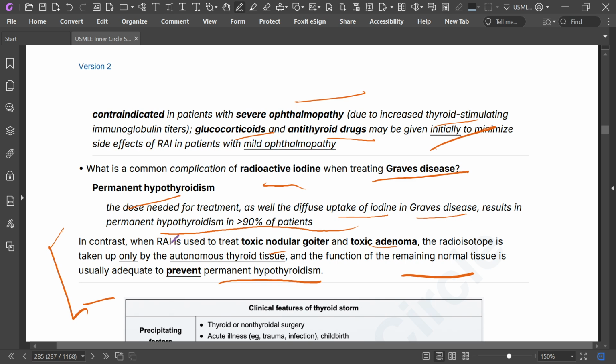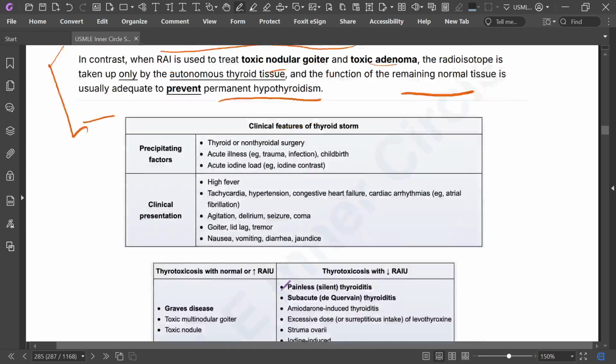That's why the normal tissue remains intact, so it prevents permanent hypothyroidism.